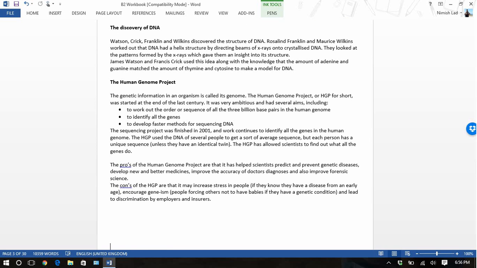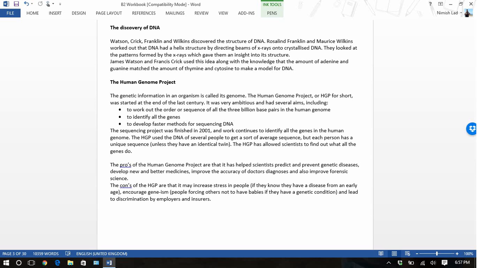It wanted to work out the sequence of all of the 3 billion base pairs in the human genome. It wanted to identify all the genes and develop faster methods for actually sequencing DNA. It was finished in 2001, but work still continues to identify all of the genes in the human genome.